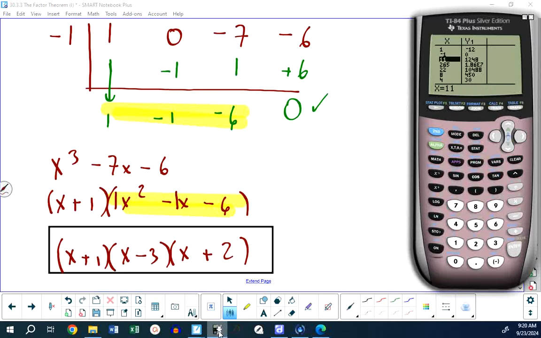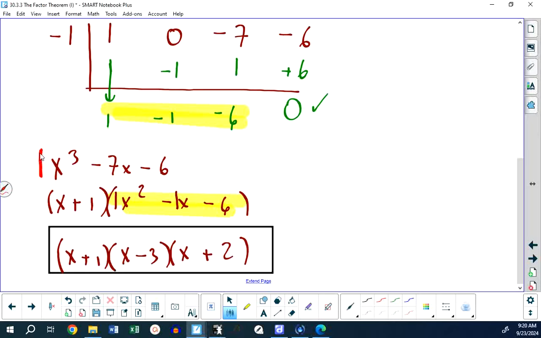Which leads me to the point that if you just wanted to know what the factors were, and it wasn't a written response, I guess I'll explain it. How many of you see that since the coefficient of the leading term is 1, every factor has to be an x minus a? Because it's got to be x times x times x.